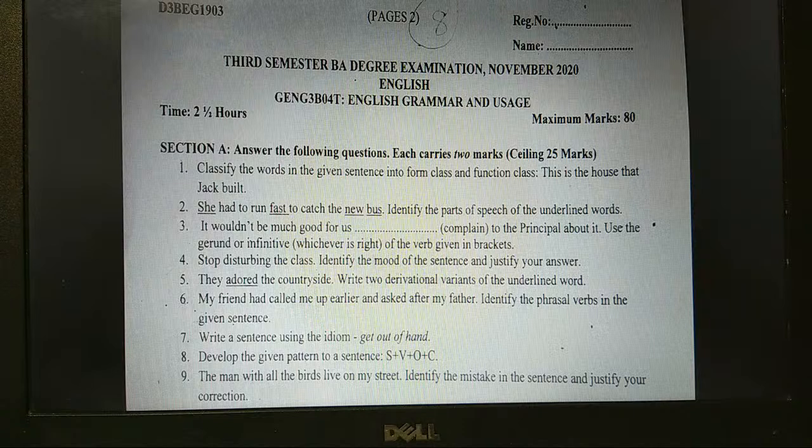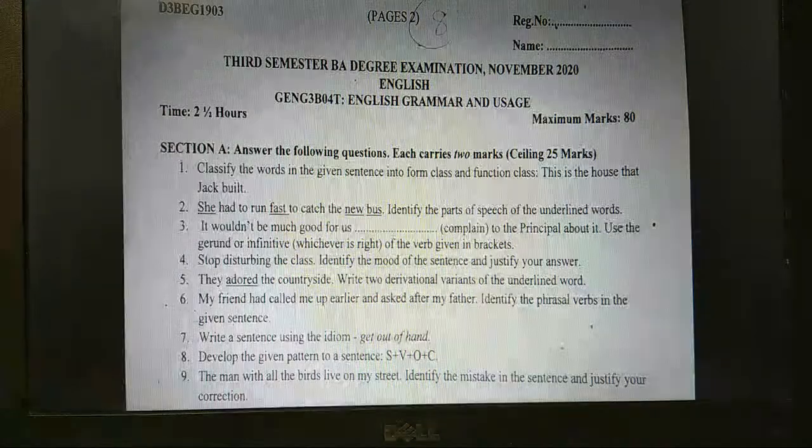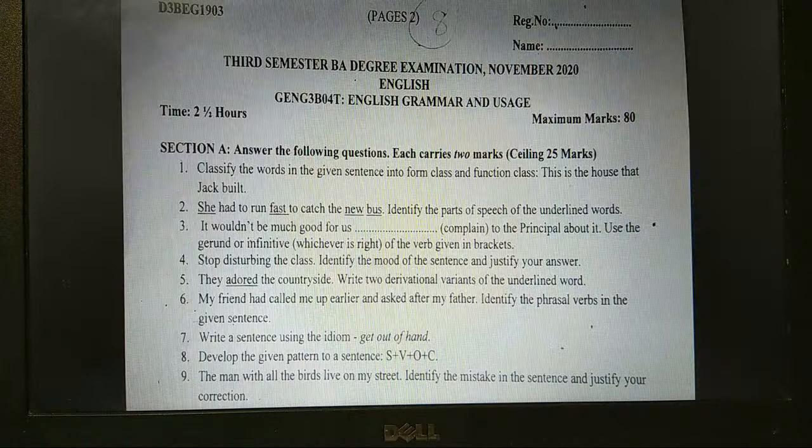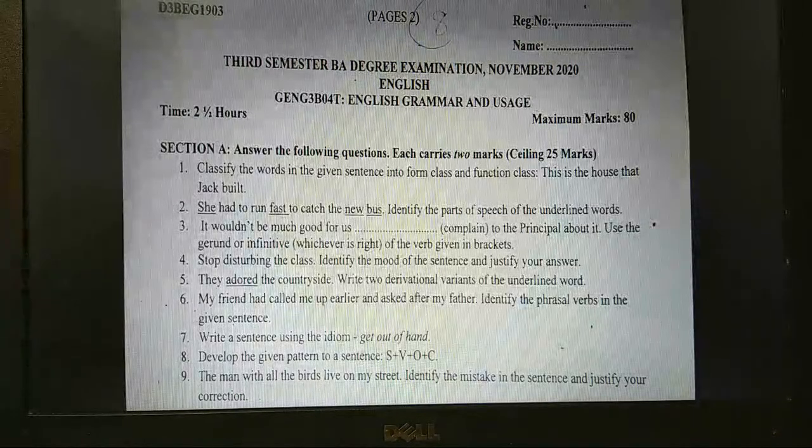So let us look at the questions. Let us look at the first question. Classify the words in the given sentence into form class and function class. This is the house that Jack built. Let us write this answer in the answer sheet.